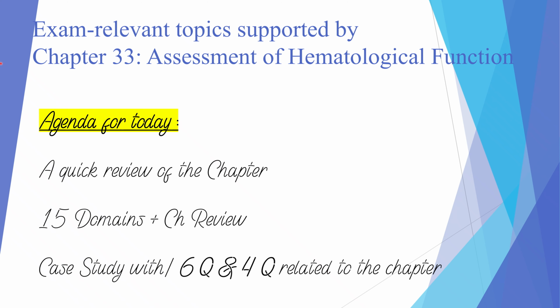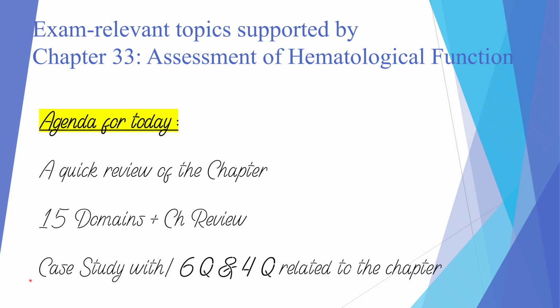Agenda for today: it's chapter 33, assessment of hematological function. We have a quick review of the chapter in case you didn't look it over, or because you are not interested, because it's just RN NCLEX, so you don't have to re-listen to the whole outline, because that is just for the students.